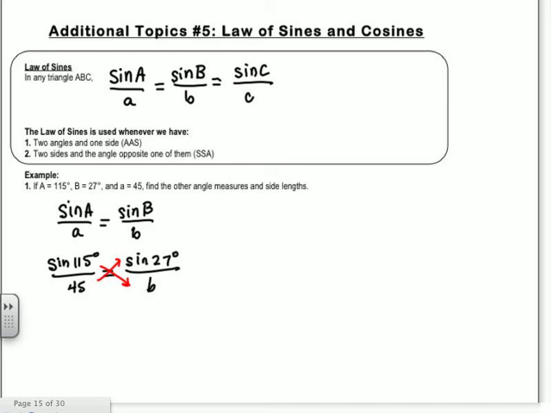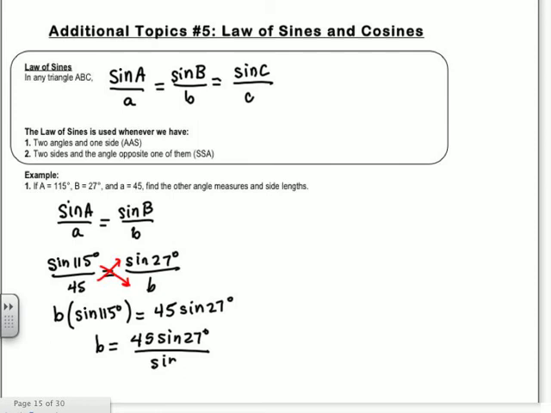Okay, so I'm going to cross multiply. So I'm going to have b times sine of 115 equals 45 times sine of 27 degrees. So divide by sine of 115, so I'm going to get b is equal to whatever 45 times sine of 27 degrees is.